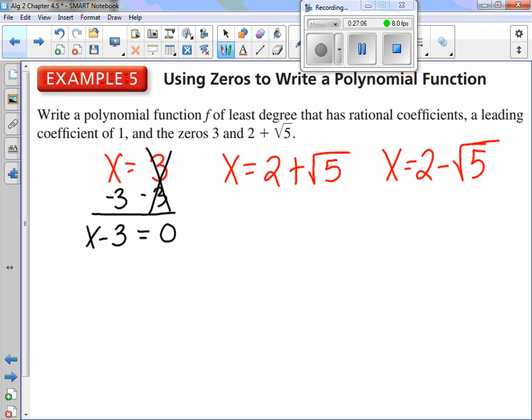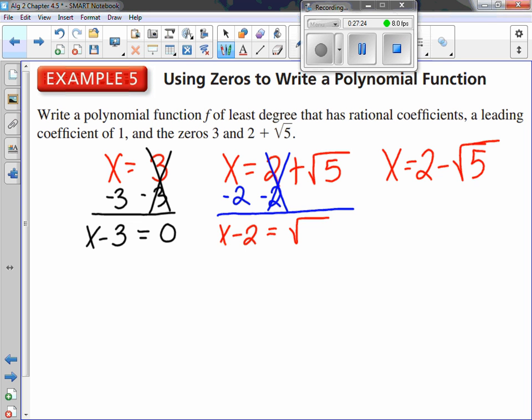These two here is going to take more than one step, because I have two things. I have the square root of 5, and I have the 2. So I can subtract 2 first, because 2 minus 2 would be 0. So I'd have x minus 2 equals the square root of 5.